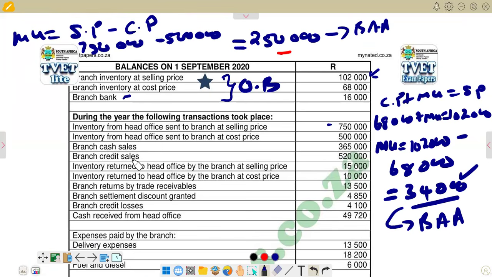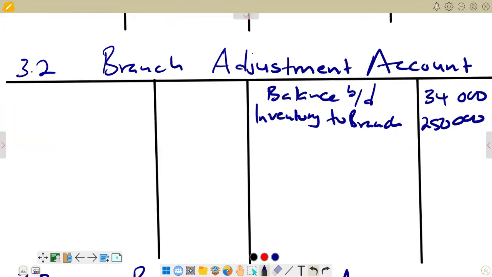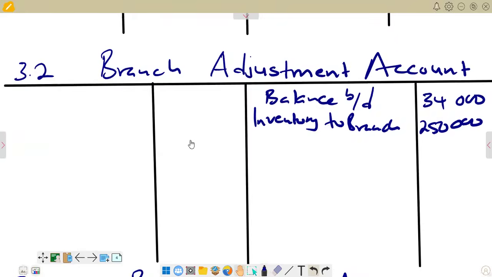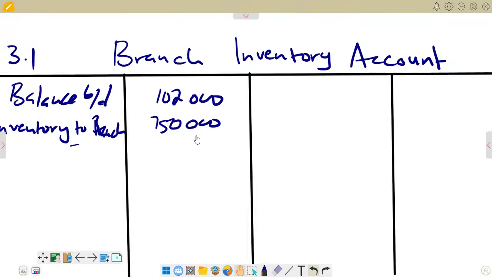When we receive inventory for the branch, we debit the branch inventory account. Now inventory is going out through sales, so we credit the branch inventory account with 365 and 520, removing the inventory that has been sold.